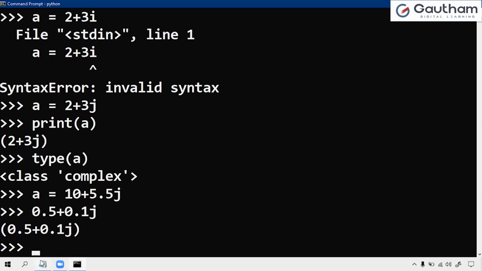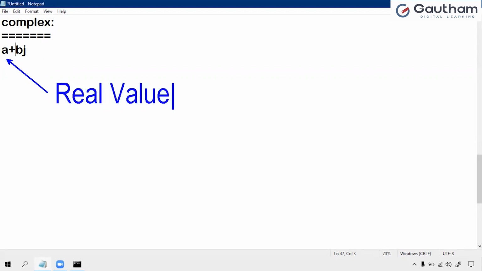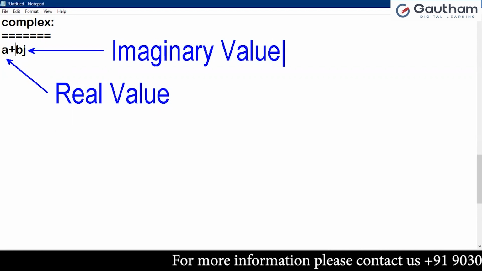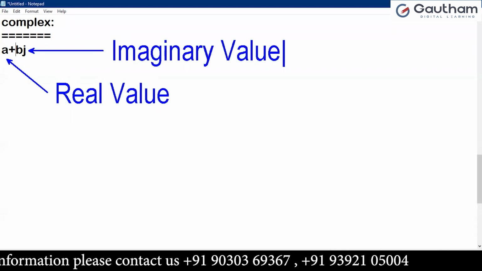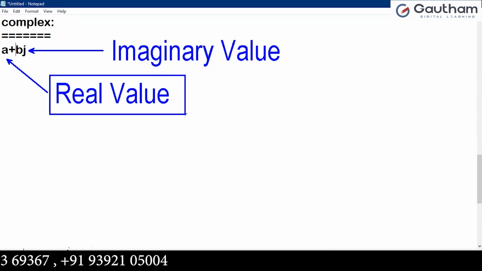So what do a and b mean here? a is the real value. This is the real part; we can consider it a real value. bj is the imaginary part; we can call it an imaginary value. In the real part, if we use an int value, then we can specify it in decimal, octal, binary or hexadecimal.